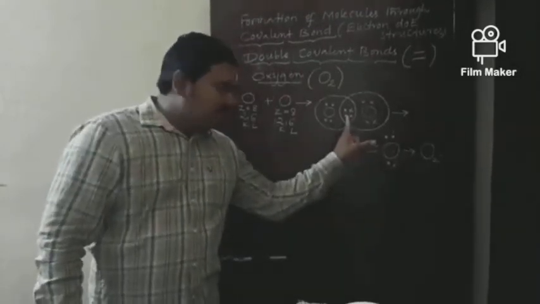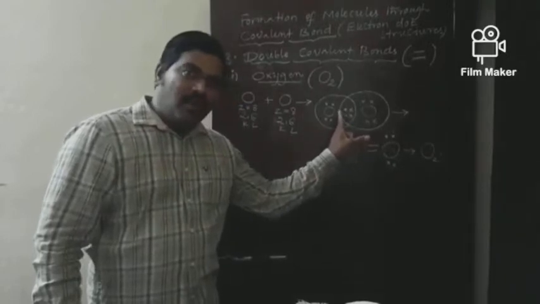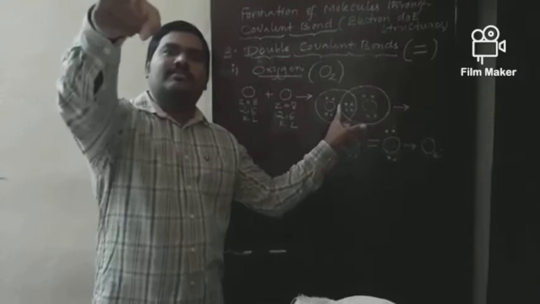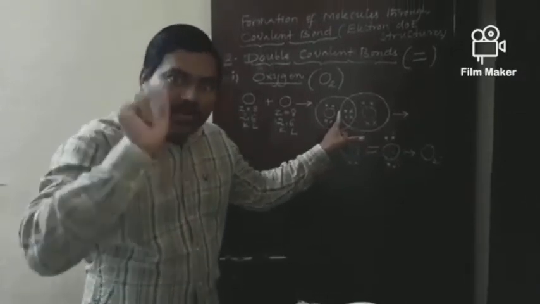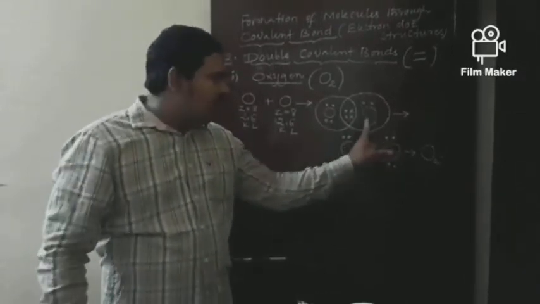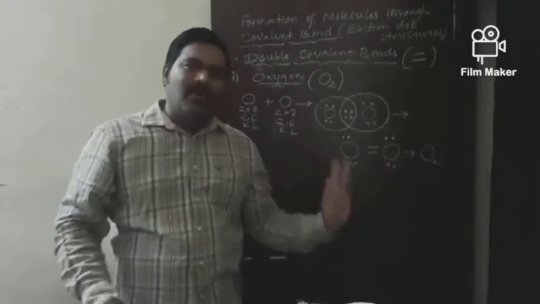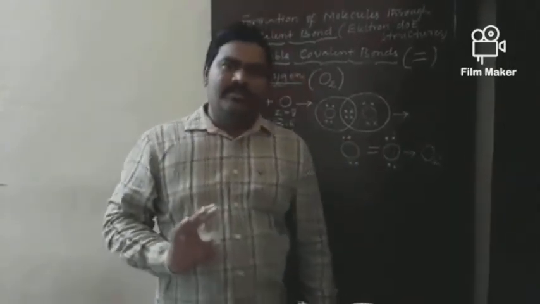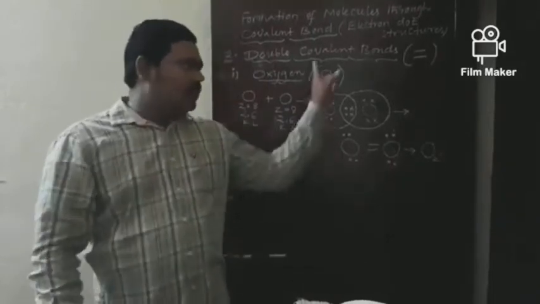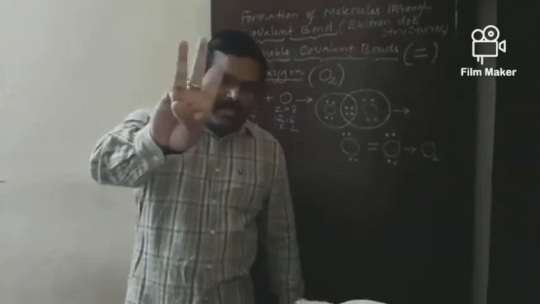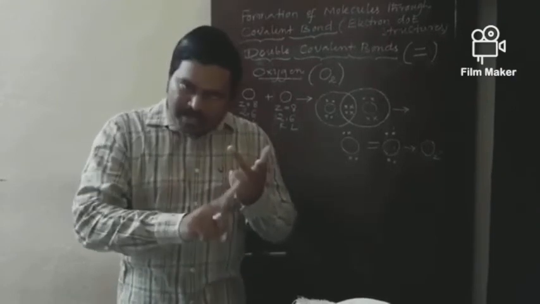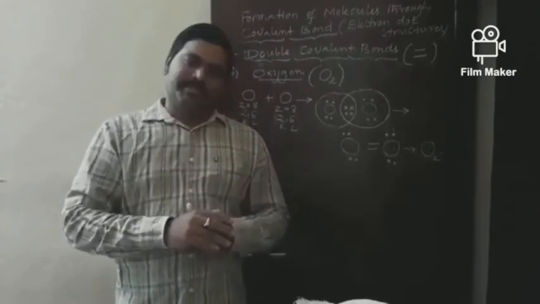And these pairs which are involved in bond formation are called, yes, good, bond pairs. And these atoms which are involved in bond formation are called bonding atoms. So, while dealing with these covalent molecules, remember three definitions: lone pairs, bond pairs, bonding atoms.